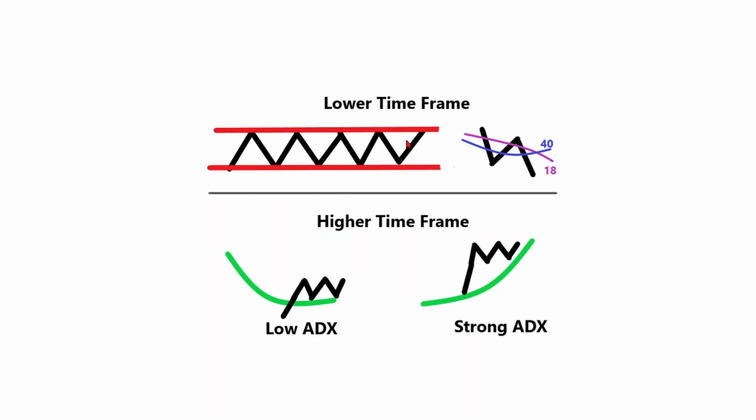Now, on the smaller time frame, we could have either one of these taking place where we get an opposing trend pattern set up, or we could have a low ADX pattern setting up in this situation. But we have a turnaround taking place as opposed to an ongoing trend. Now, on the other side, we've got a strong ADX situation taking place where the 18-month is rising.